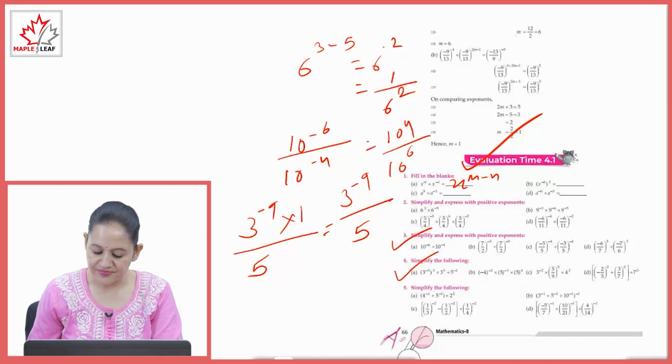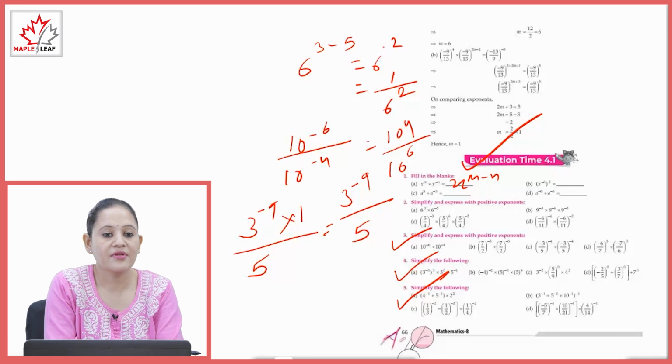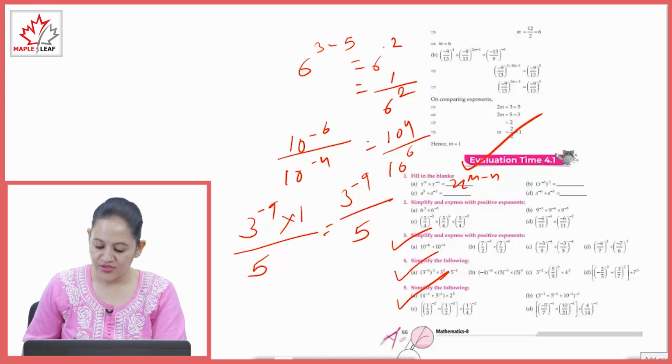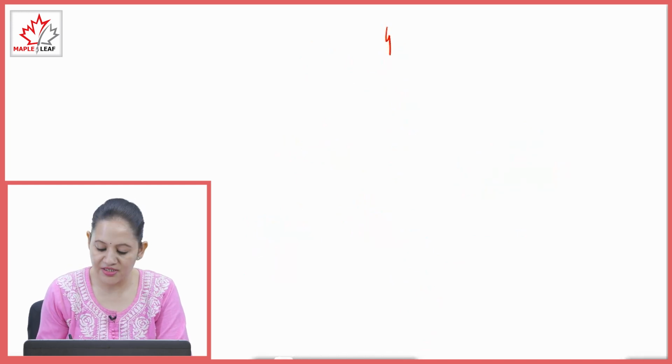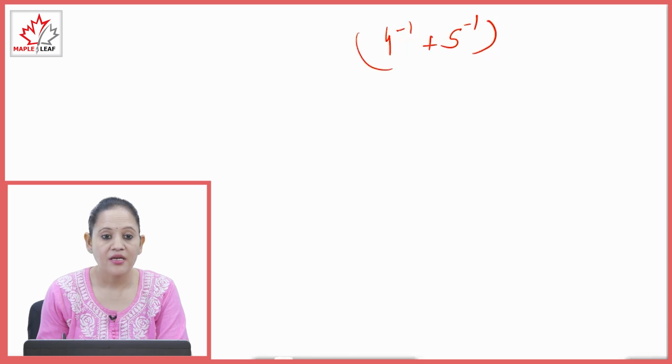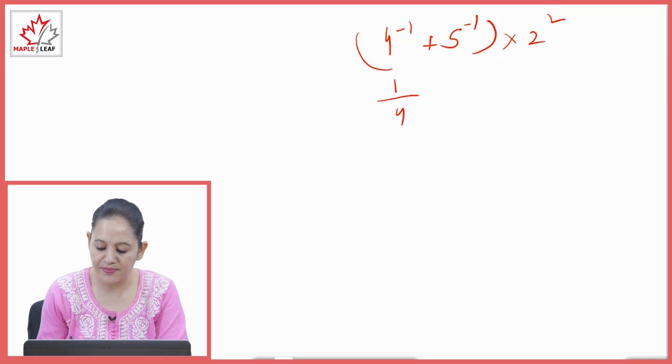Next, simplify the following. (4^-1 plus 5^-1) into 2^-2. So, we have to simplify it. इसको हम लिखेंगे (1/4 plus 1/5) multiply by 2^-2.